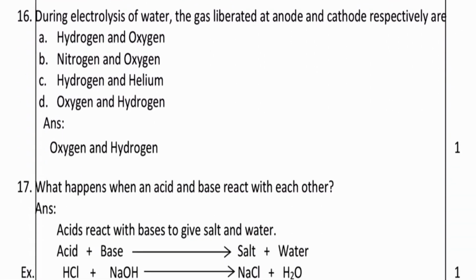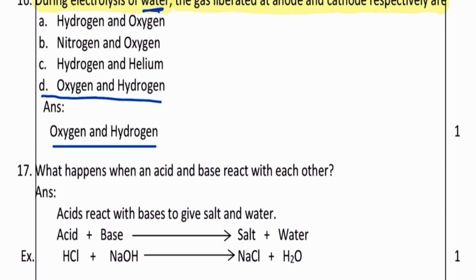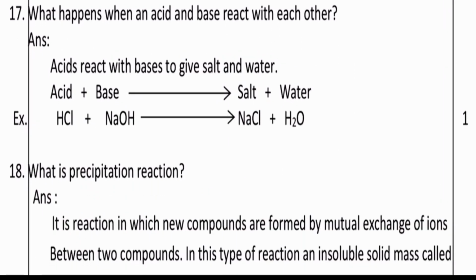Next question. During electrolysis of water, the gases liberated at anode and cathode respectively are oxygen and hydrogen, because we are talking about water. Option D. Next question, 17th. What happens when an acid and base react with each other?